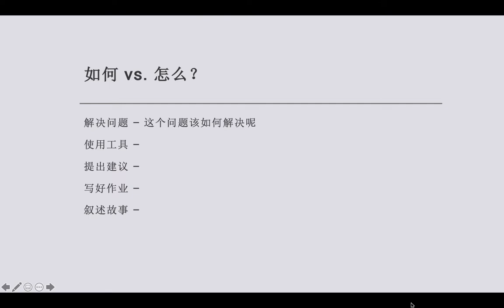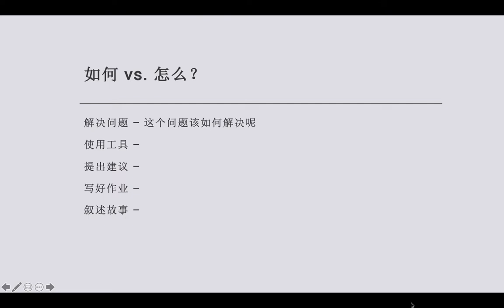So the final translation for how to solve this problem is 这个问题该如何解决呢? You got it? So we are going to do some more exercises following this logic.